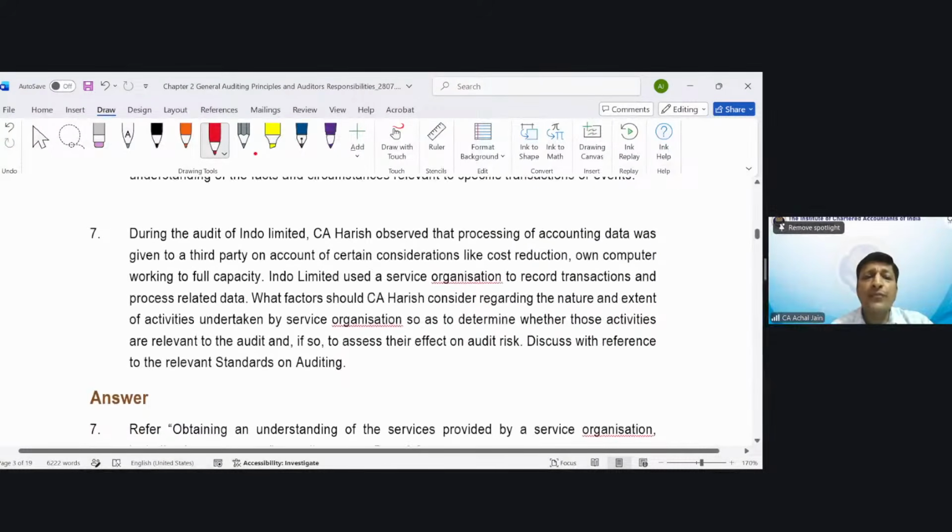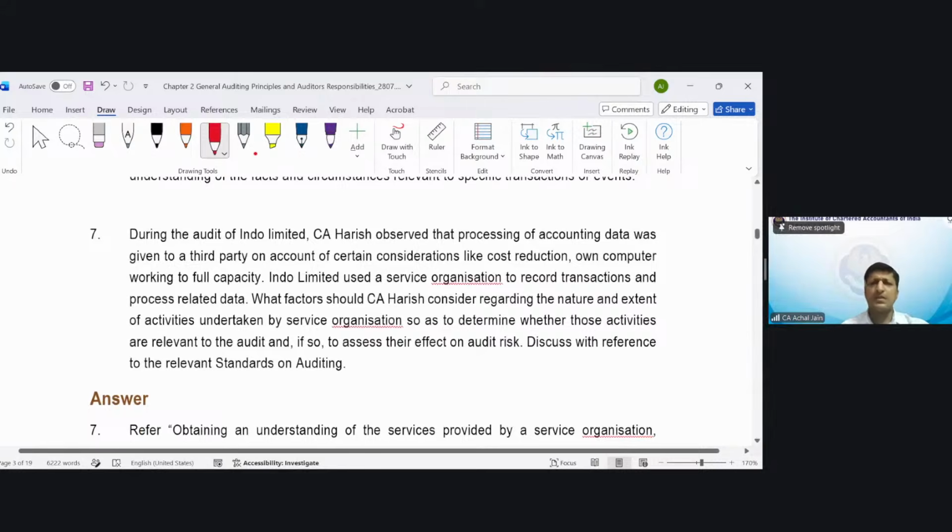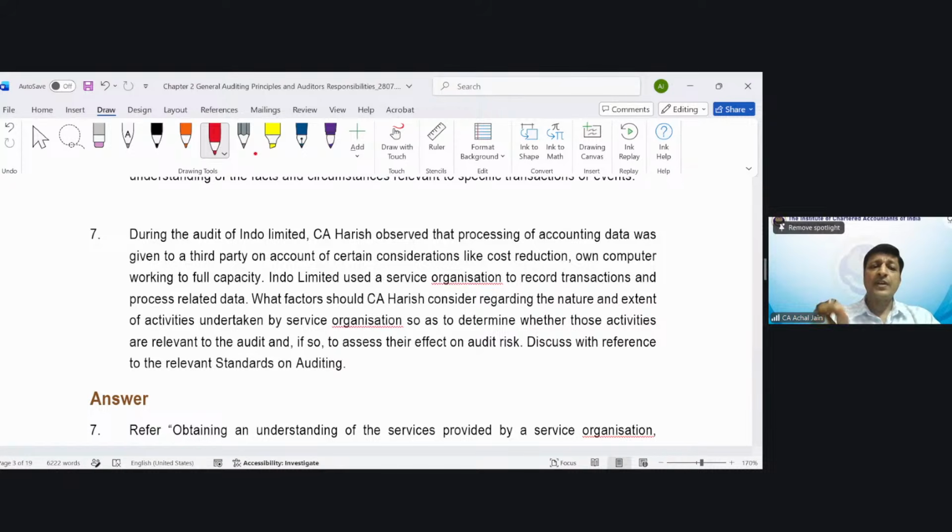During the audit of Indo Limited, so the company is Indo Limited, CA Harish observed that processing of accounting data was given to a third party on account of certain considerations. So there are reasons: cost reduction, on computer working to full capacity.